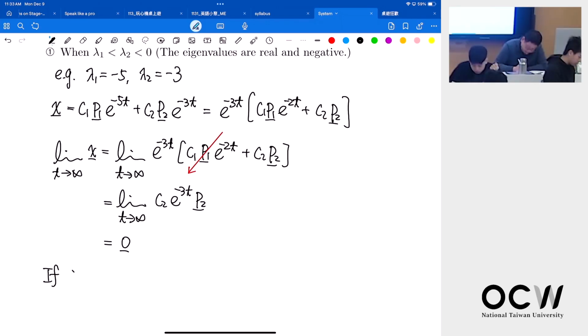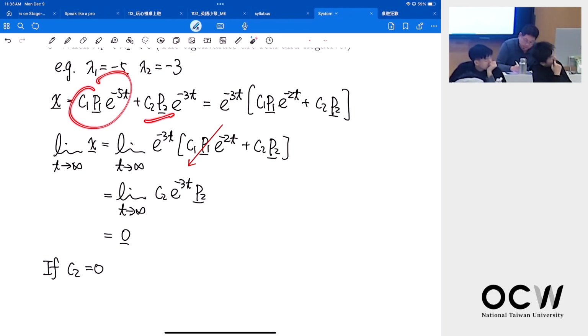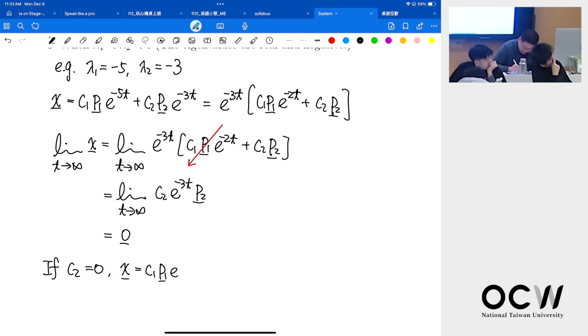If C2 is 0, then we just see the first term. If C2 is 0, that means x becomes C1 P1 e to the minus 5t.